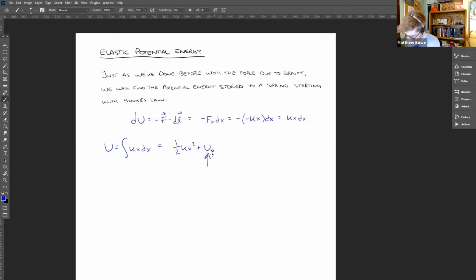So I'm going to say that while it is at rest, this term goes to 0. It doesn't have any energy when it's in its equilibrium state. So we can just say the potential energy for a spring, or elastic potential energy, is 1/2 kx squared.